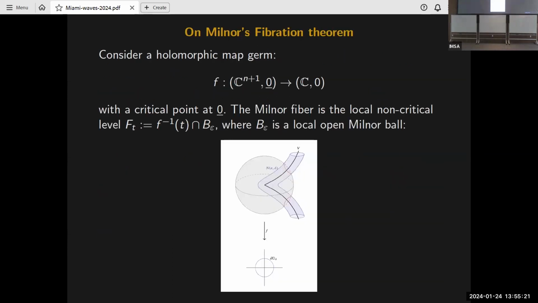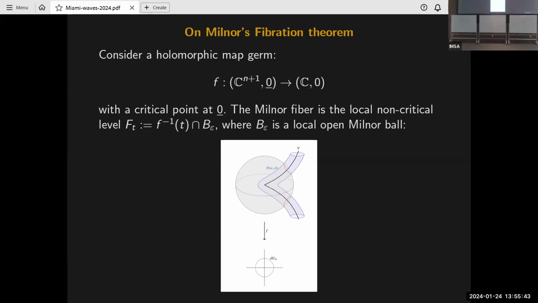Given F, first take a sufficiently small ball, which is called a Milnor ball, with a Milnor sphere. That means that it meets the regular part essentially transversally. So a sufficiently small ball exists.